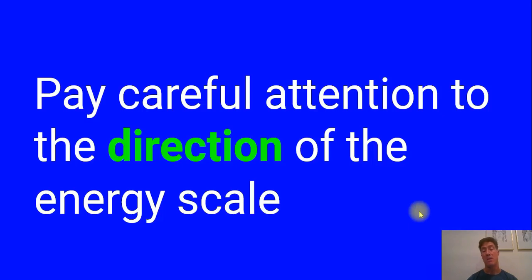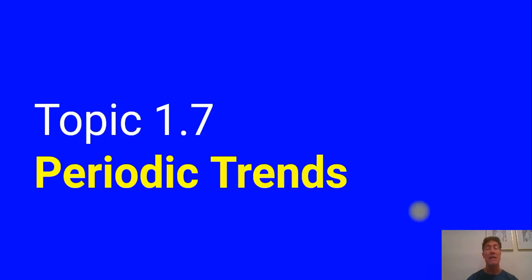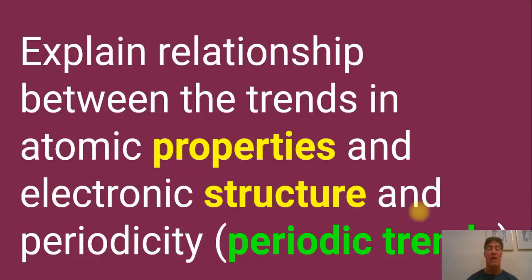As I mentioned, pay attention to the direction. These PES things and these electronic configuration diagrams and representations help us predict and understand periodic trends. The trends in atomic properties that correspond to the electronic structure.